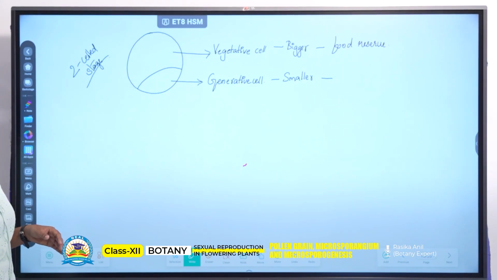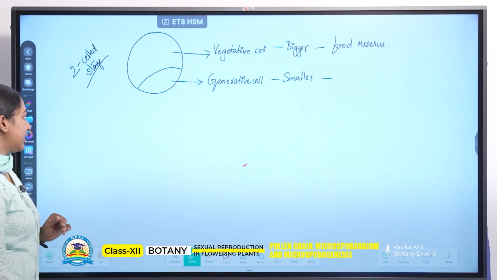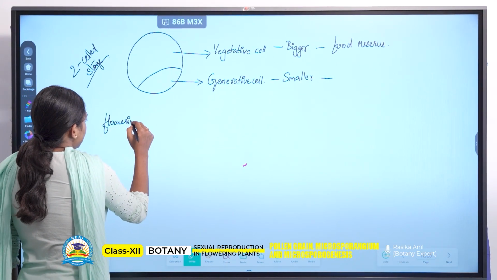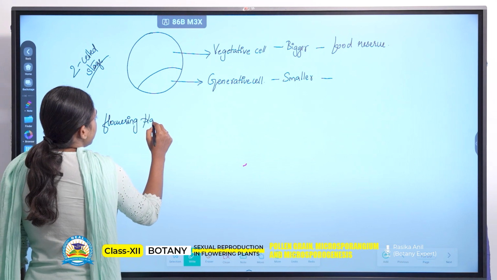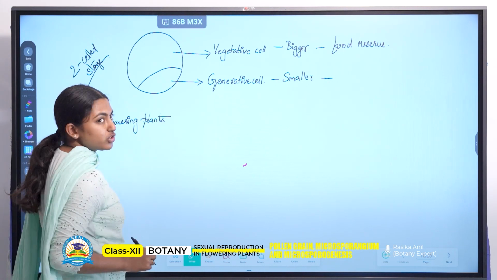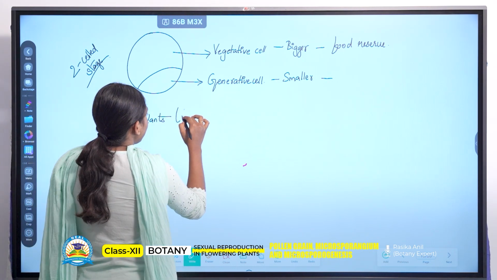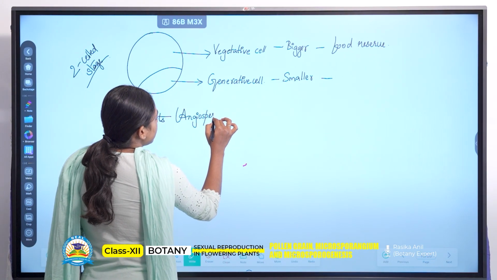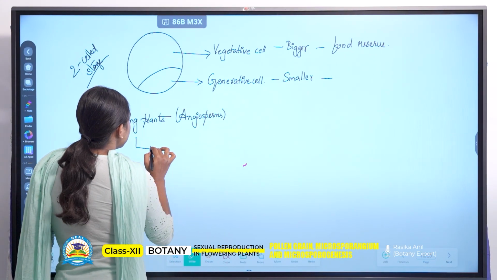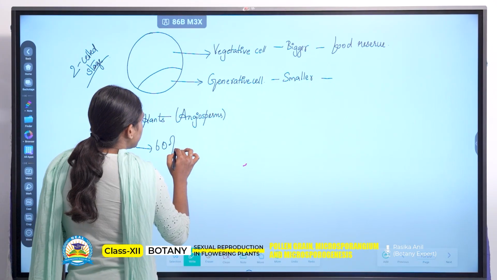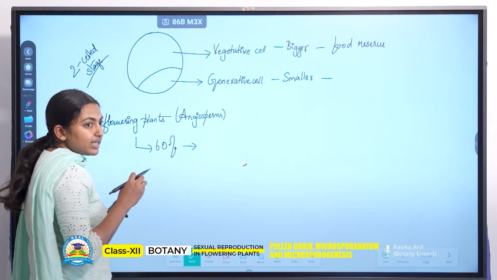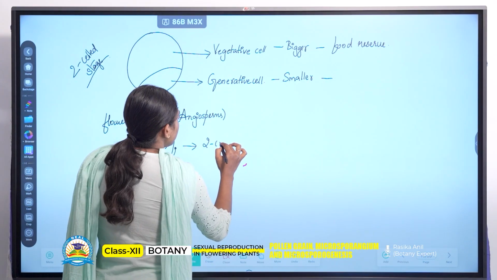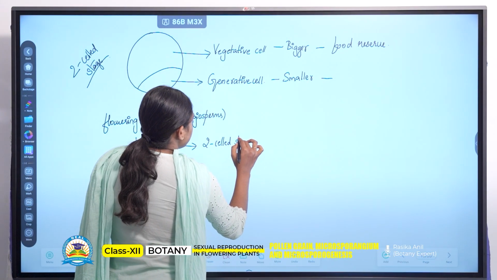Okay, now one more important thing, flowering plants. What is the heading of our chapter? Sexual reproduction in flowering plants. Flowering plants means angiosperms, right? So in 60% of the angiosperms, when the pollen grain is dispersed, it is dispersed in the two-celled stage.